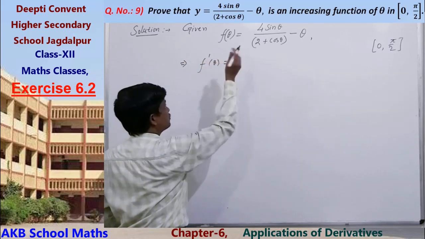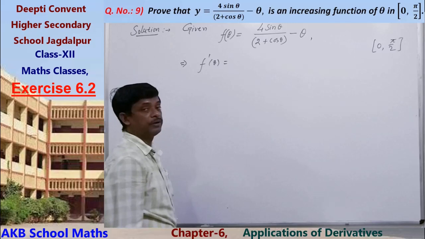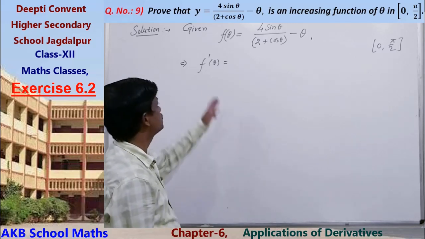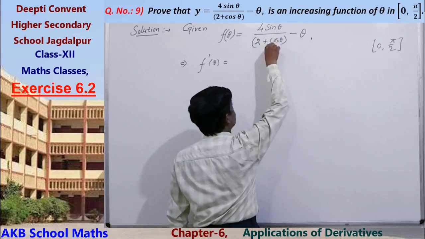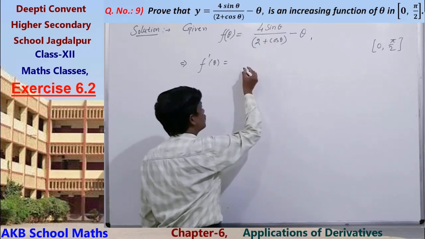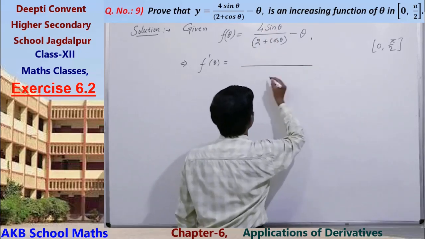To differentiate with respect to theta, we can find the value of the derivative of this function. So this is numerator upon denominator, so use the quotient rule.